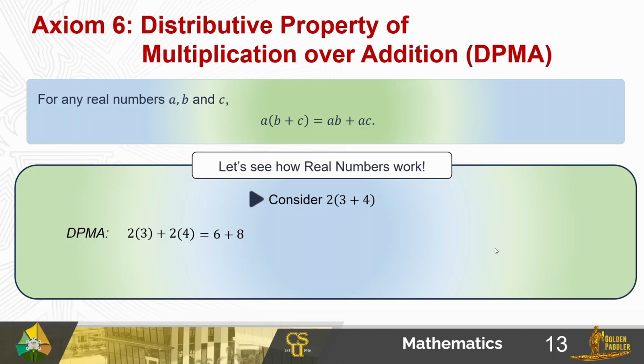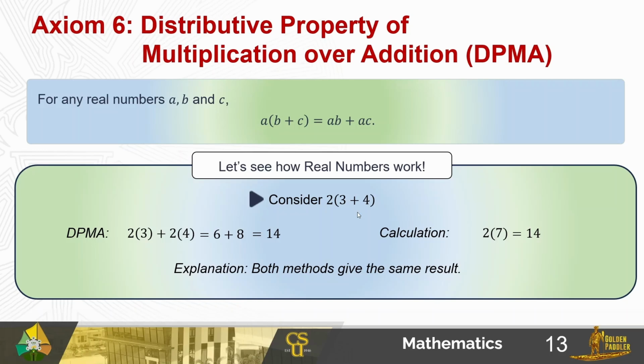So, if we add 6 plus 8, we get the answer 14. But consider, if we add first the 1 inside the quantity, so 3 plus 4, then we get 2 times 7. 2 times 7 is again equal to 14. It means that both methods give the same result.